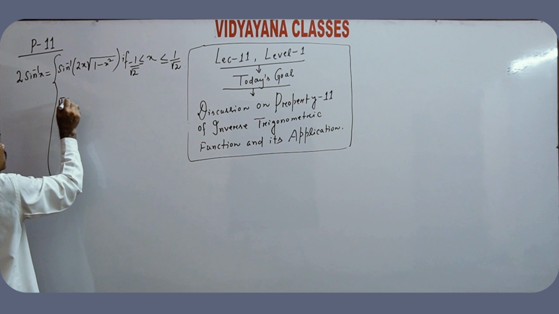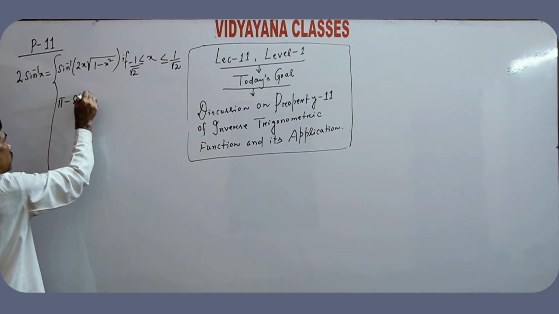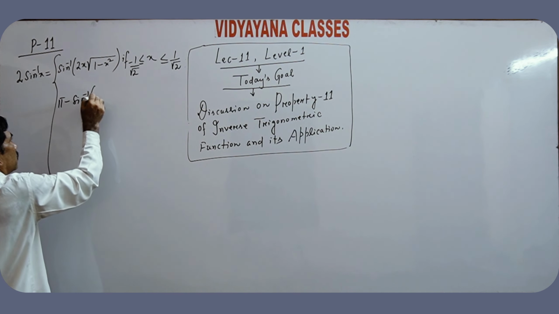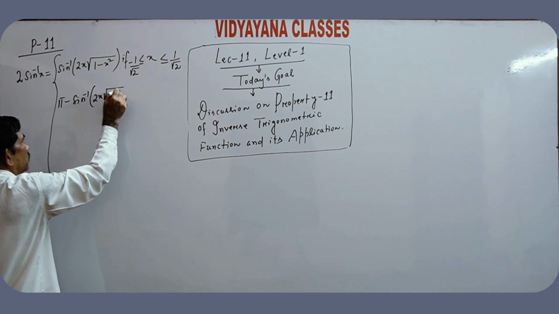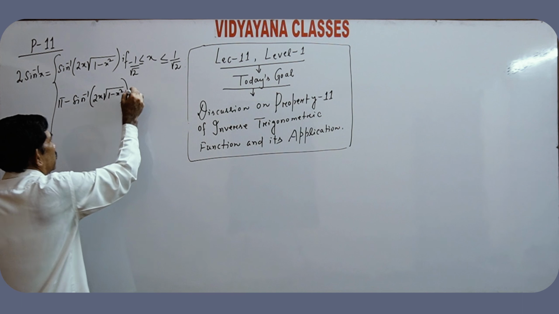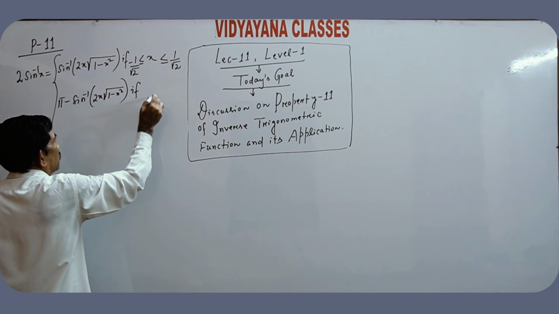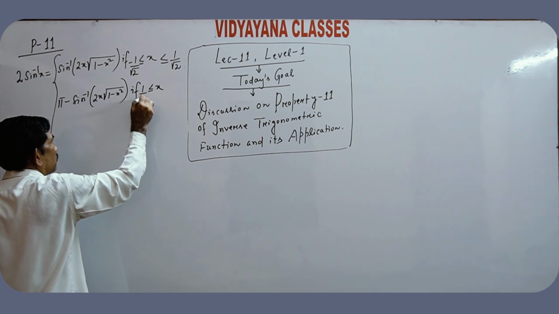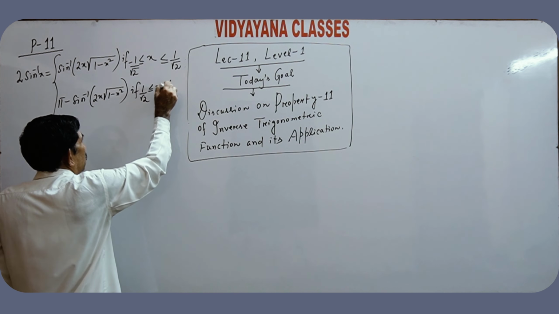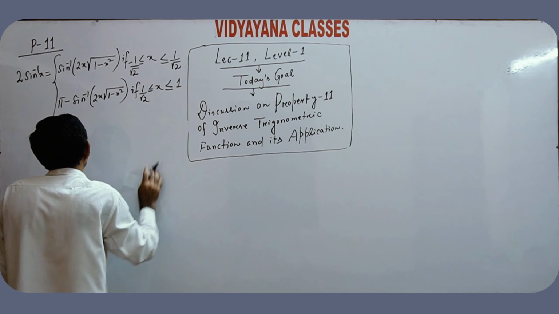Pi minus sin inverse 2x into root of 1 minus x square if x is greater than or equal to 1 by root 2 and less than or equal to 1.